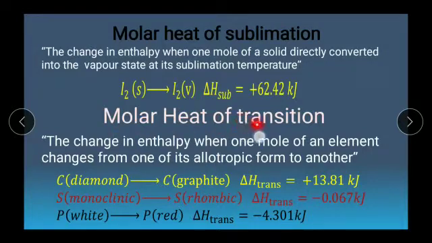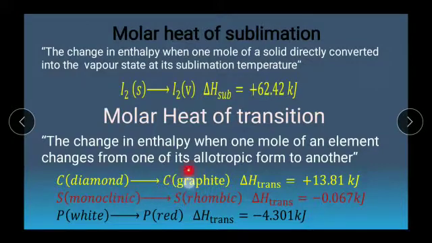Then molar heat of transition. What is the meaning of transition? When 1 mole of an element changes from one of its allotropic forms to another. If any element has allotropic forms, change from one form to another is named as transition. Diamond and graphite are both allotropes of carbon.